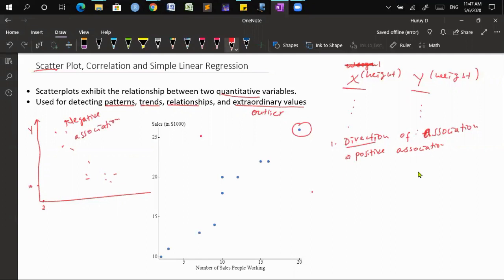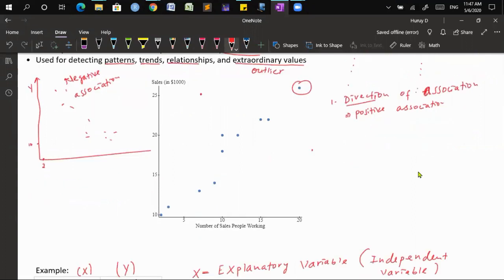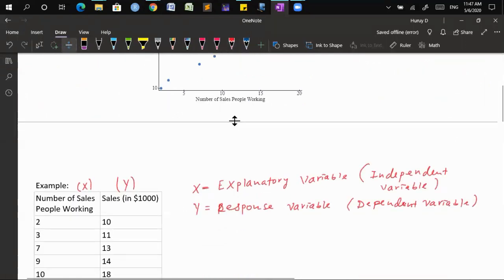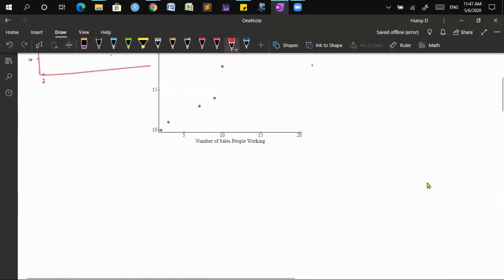Okay, and sometimes we may have no association at all. We may have, let's say, for example, you don't see any pattern, just the points are all over, kind of a circle.